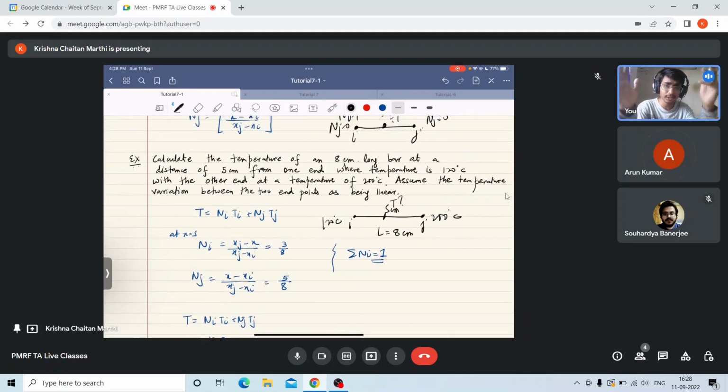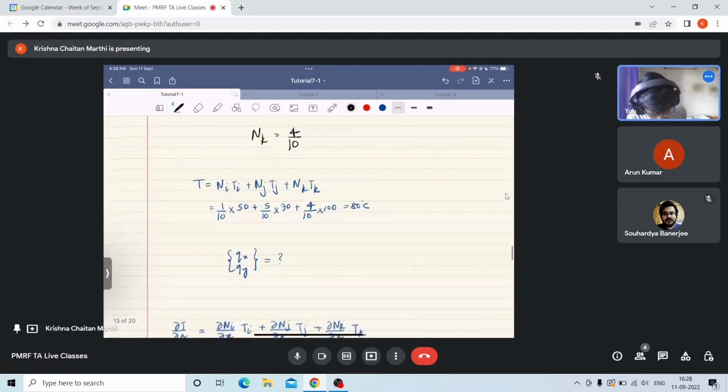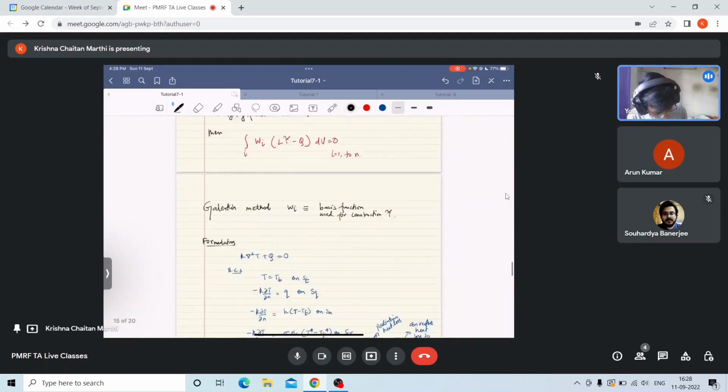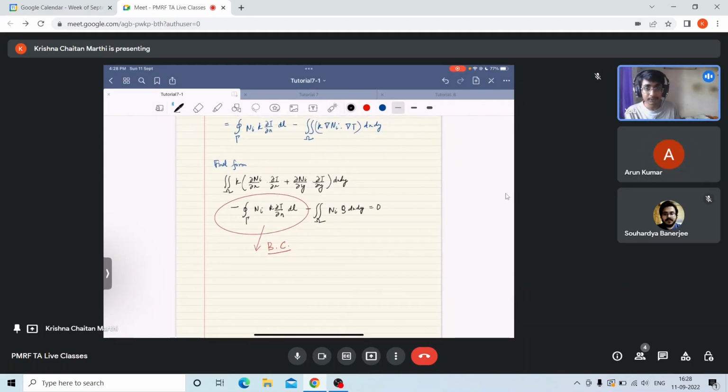Basically, it's your choice if you are taking a quadratic element or a linear element, but the intermediate temperature can be found from the boundary conditions. So we will look at that further, I will come to it later. We can get the values of the intermediate temperature from the boundary conditions.